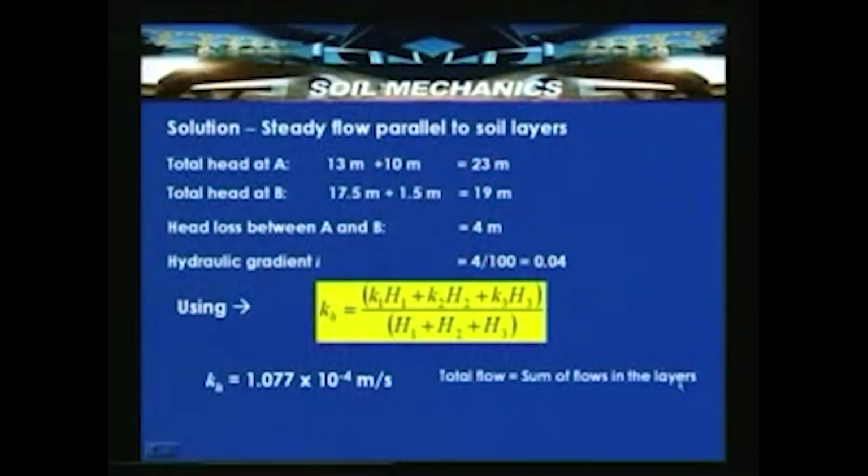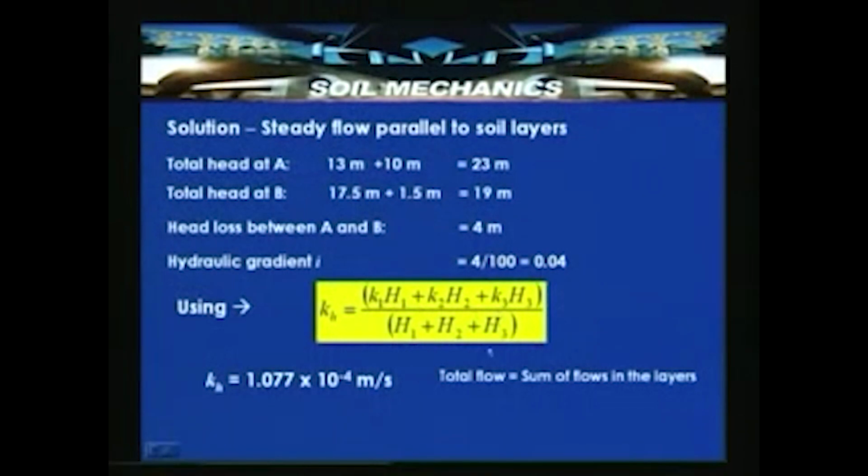Using the expression we have derived, the equivalent coefficient of permeability in the horizontal direction is equal to K1 H1 plus K2 H2 plus K3 H3 divided by H1 plus H2 plus H3, because here we are having 3 layers under consideration, so n is equal to 3. The total flow is equal to the sum of the flows in the layers, and it can be obtained by again conforming to Darcy's law, Q is equal to K i A. You know K1, you know i, and you know A1, so with that you will be able to calculate the sum of the flow in all the layers.